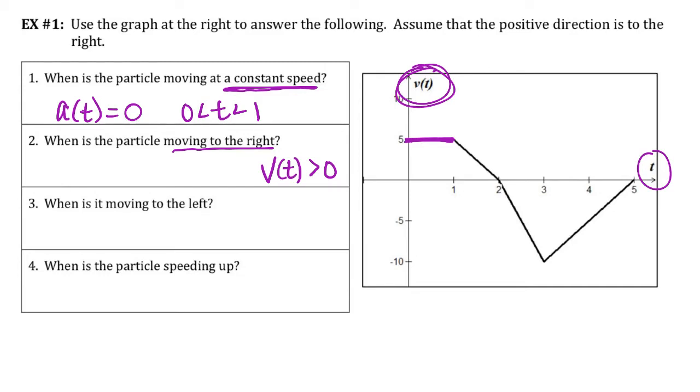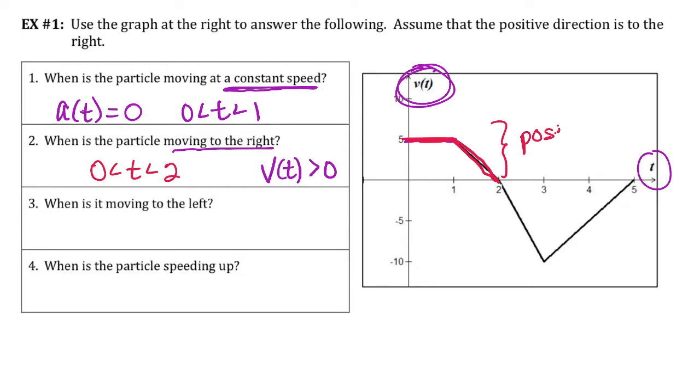And when we do that, notice that we're going to have from here to here, and we're also from here to here. All of that's above the x-axis, so everything here is positive. So that tells me from 0 to 2 is going to be whenever our particle moves to the right.